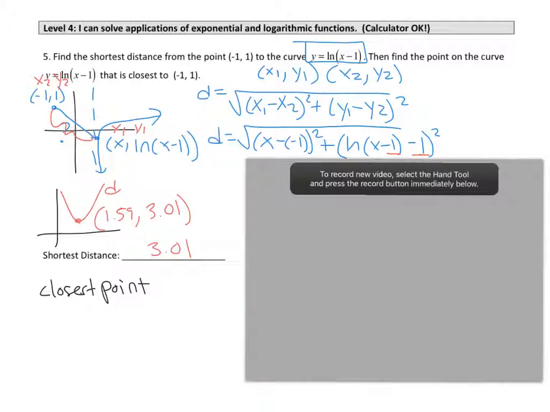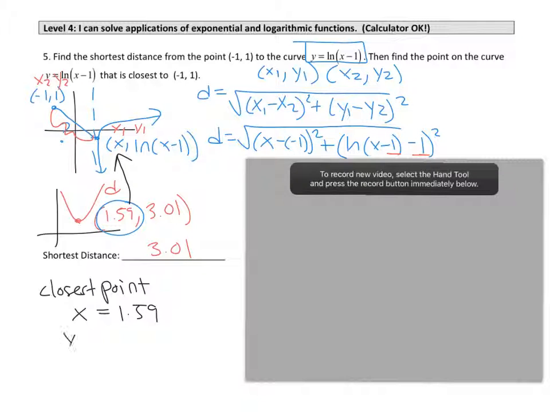And the closest point we find, well, first of all, the x value right here came from the x value of that mystery point. So the x value of the closest point is going to be 1.59.